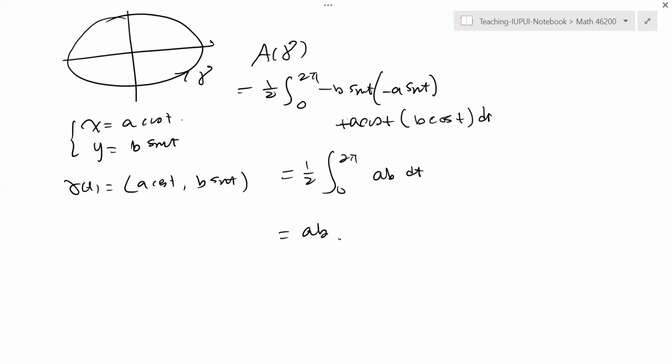If we just want to evaluate the double integral over the ellipse, it's difficult. It's not easy to evaluate the double integral, and that's a multivariable calculus problem, right?